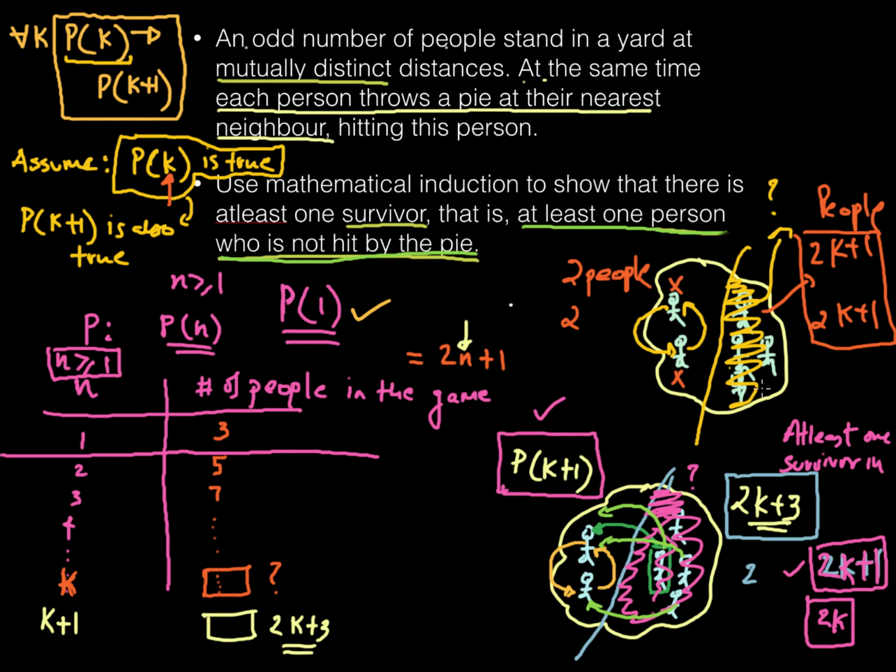Well, this half over here represents a total of 2k plus 1 people. If it represents a total of 2k plus 1 people, this means that this piece over here is basically an expression for P of k.